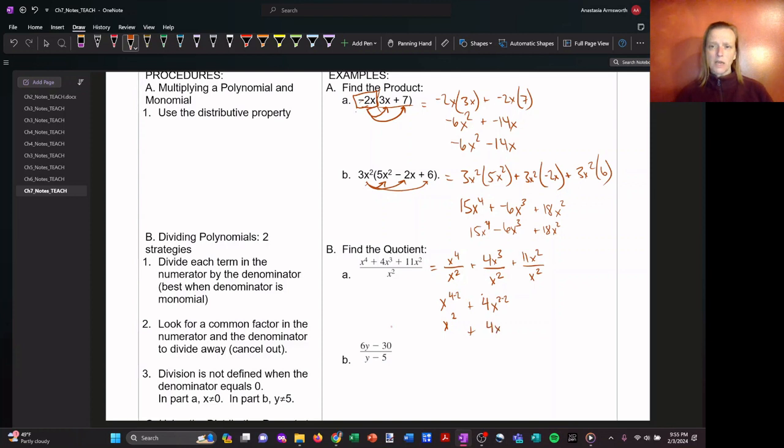So 4 times x to the first power, but I don't need to write that first power here. And when I have 11x squared divided by x squared, the x squared cancels out entirely. It divides away, and so we're just left with 11. So my final polynomial after dividing this way is x squared plus 4x plus 11.